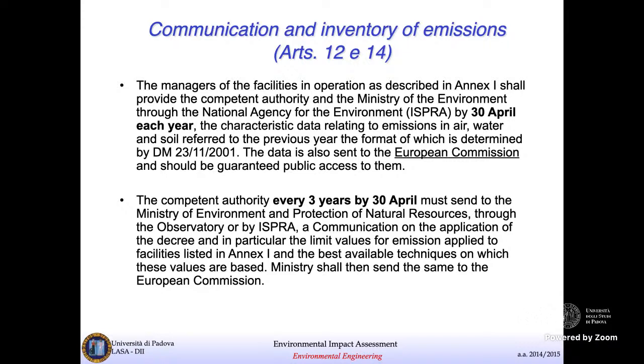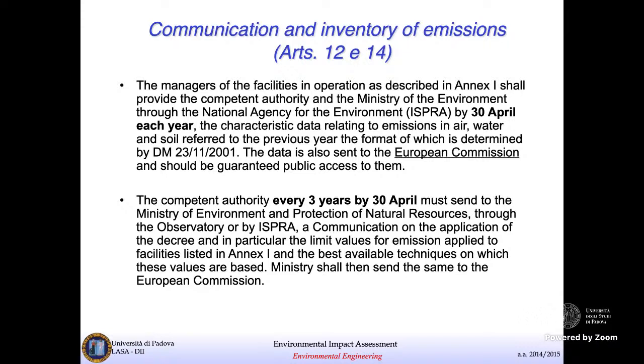So Article 12 and 14, in particular Article 12, ensures that there is a continuous flow of information between the operator and the competent authority concerning the effectiveness, the efficacy of a production process in terms of environmental protection.